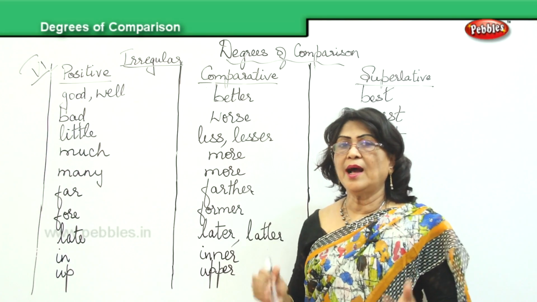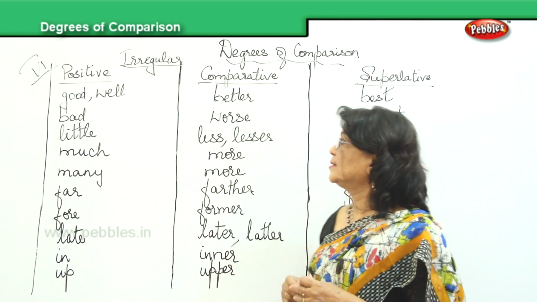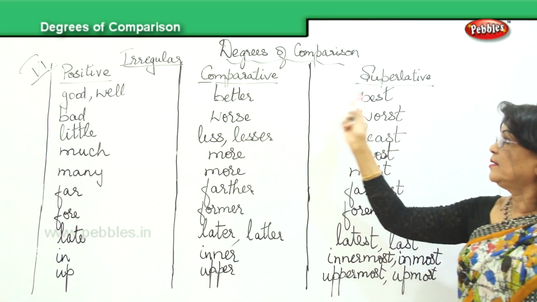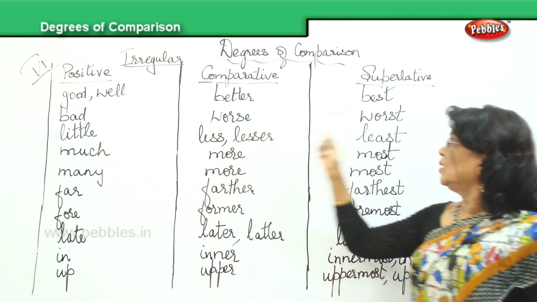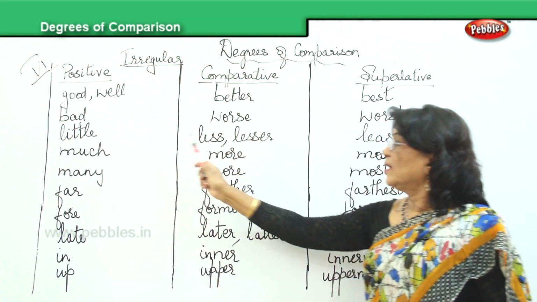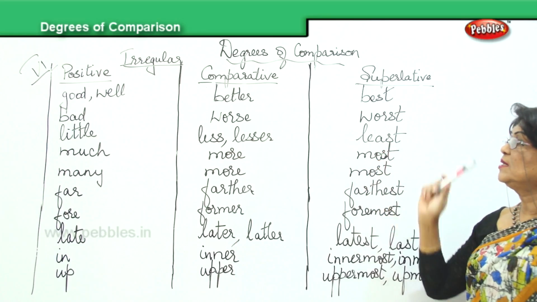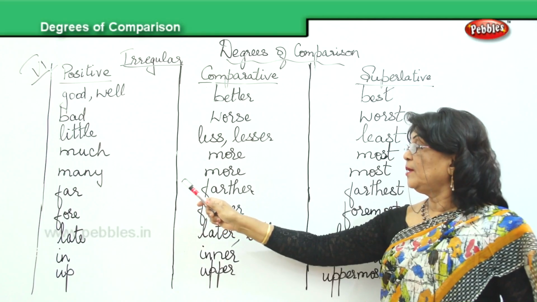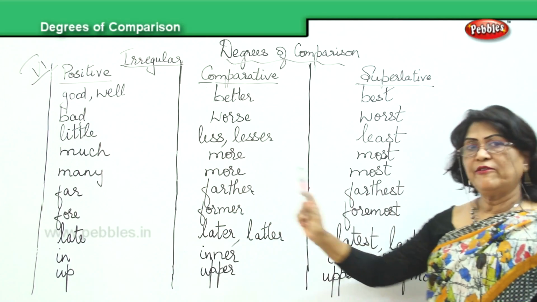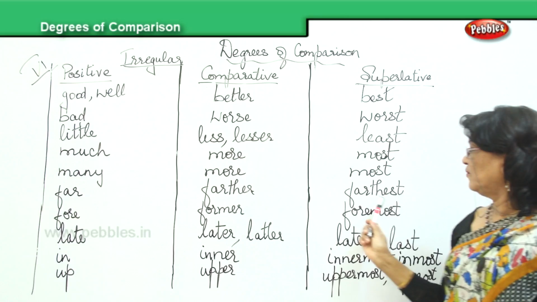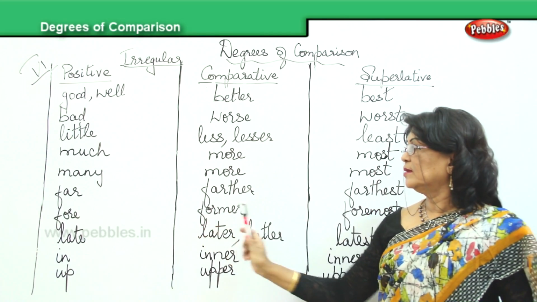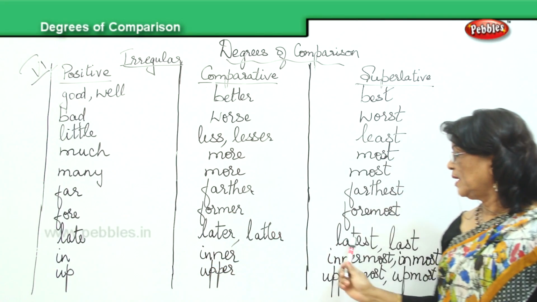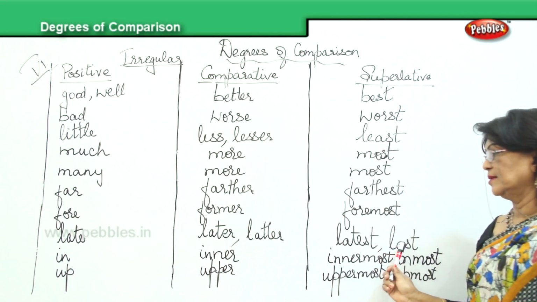So these are the irregular comparisons, and you have to bear in mind: good or well becomes better and best, bad becomes worse and worst, little becomes less, lesser or least, much becomes more and most, many becomes more and most, far becomes farther and farthest, for becomes former and foremost, late becomes later, latest or latter and last.